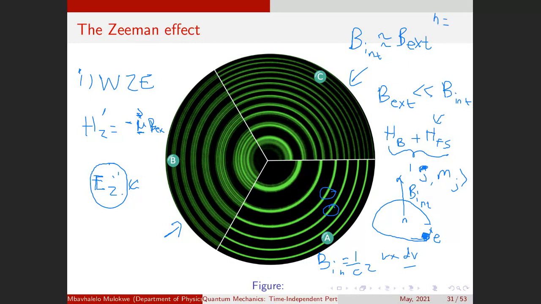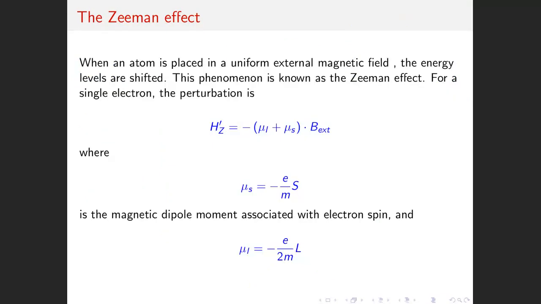For example, I think I did it for n equals 1 or n equals 2, I can't remember, but I think it was a 9 by 9 matrix that you have to diagonalize. For n equals 2, maybe 3, you will have to diagonalize an 18 by 18 matrix. So I think for today, if I can only go through the weak Zeeman effect, the strong and the intermediate one might be too long.